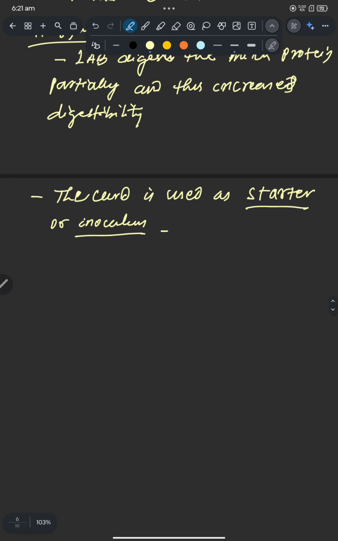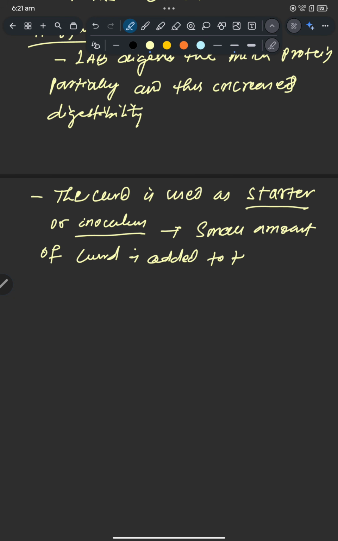That means a small amount of curd is added to the milk to form the curd. You might have observed at your home, your mother adds a little amount of curd to the milk so that the next day the curd is formed.